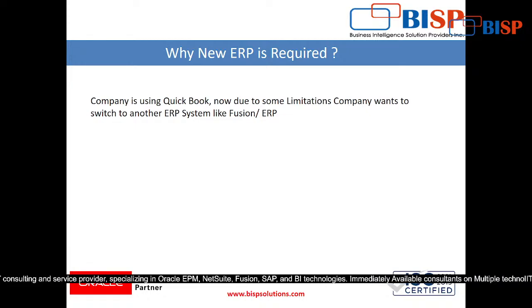Now why is this required? Because a certain client has been using QuickBooks for the last few years, but now they want to switch. Why they need to switch, we are not going into that. In this webinar we will cover how data is migrated; that will be our main focus.